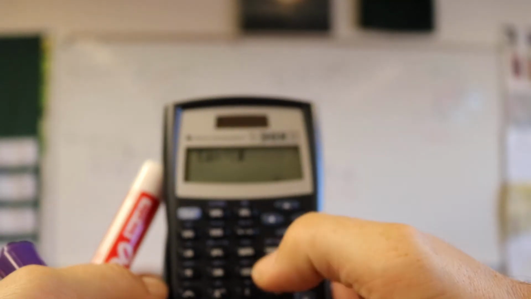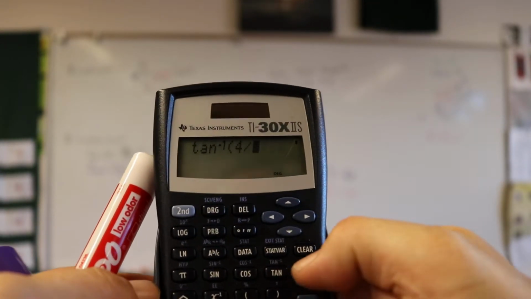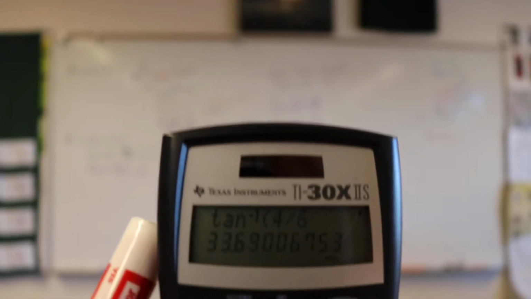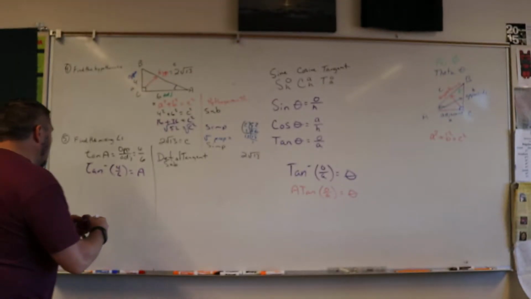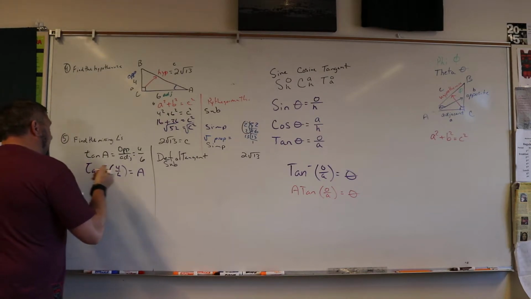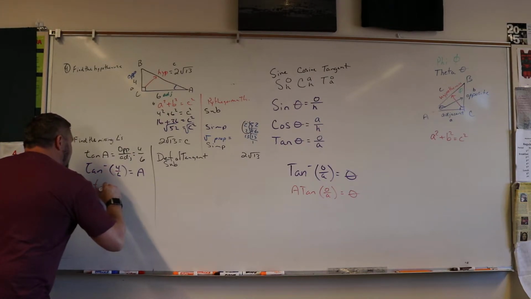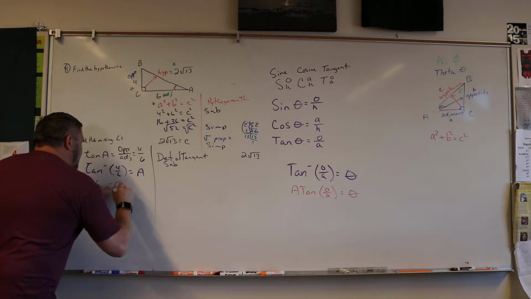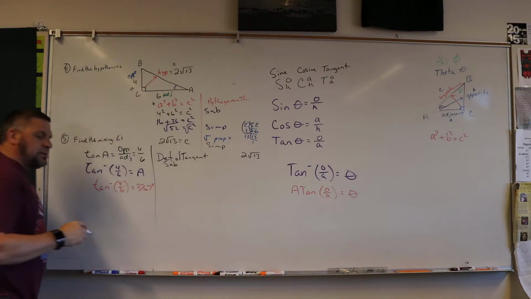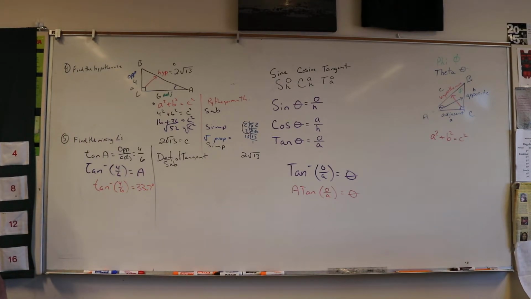And then we hit 4 divided by 6. It equals 33.69. That's the same as 33.7. So tangent inverse of 4 over 6 is equal to 33.7 degrees. And that's angle A.